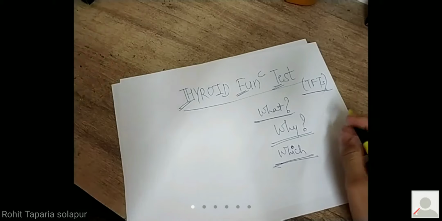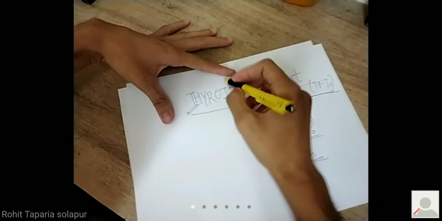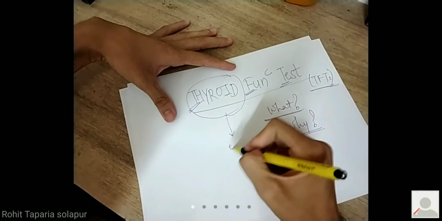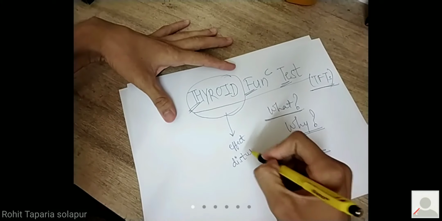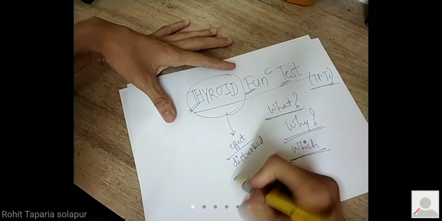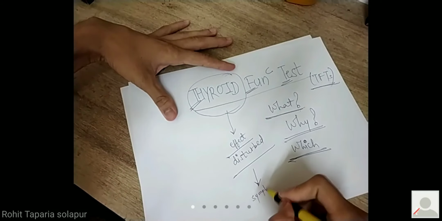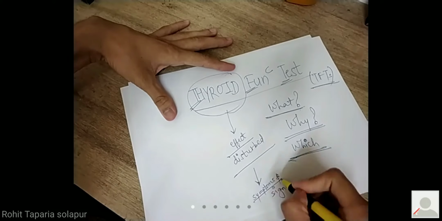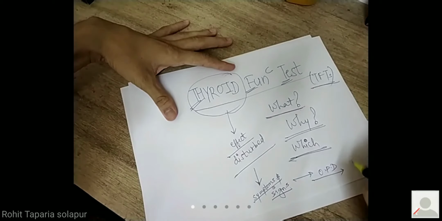So simply you have to remember, when there is something problematic with respect to the thyroid, then its effect will be disturbed, and then the symptoms and signs will be seen, and then the patient will come to you in the OPD with those chief complaints.